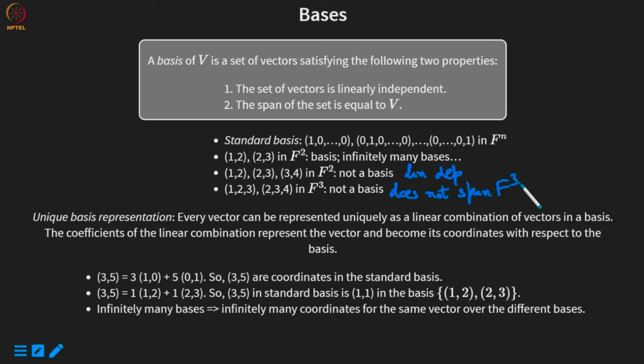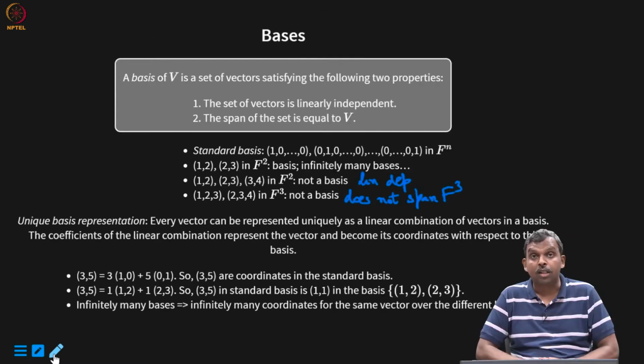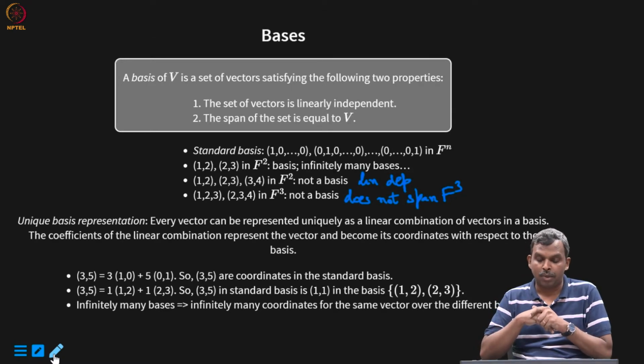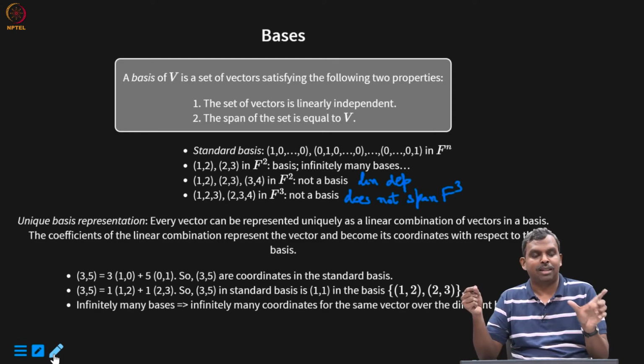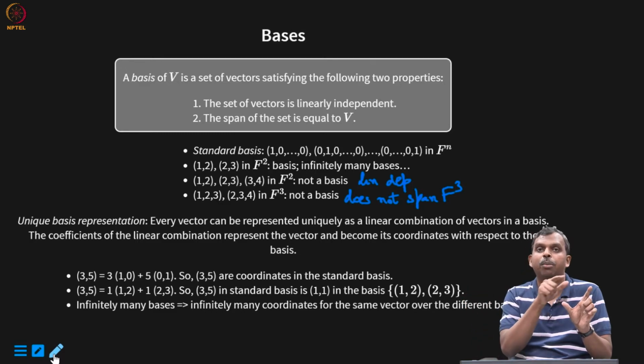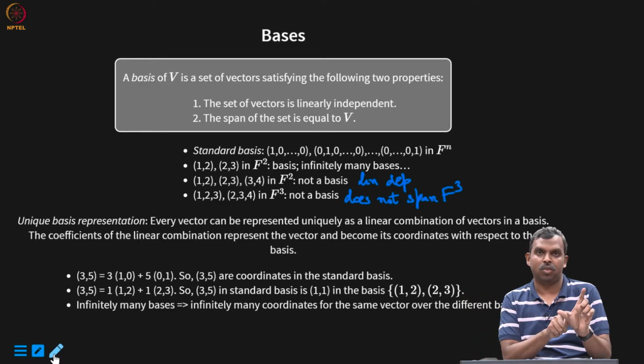Okay. So now what's interesting about a basis is this unique basis representation. Okay, so this is really interesting and important. Once you have a basis, if you take any vector, since a basis is a spanning set, you can write it as a linear combination of the vectors in the basis, right?